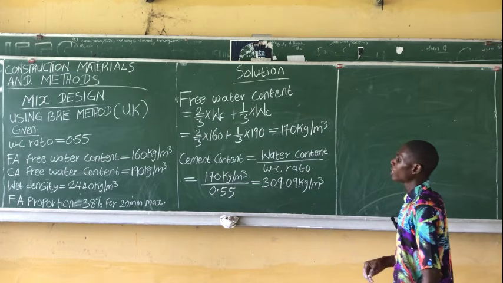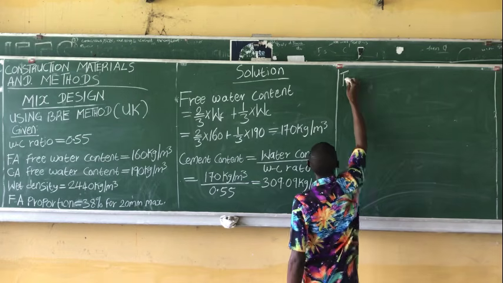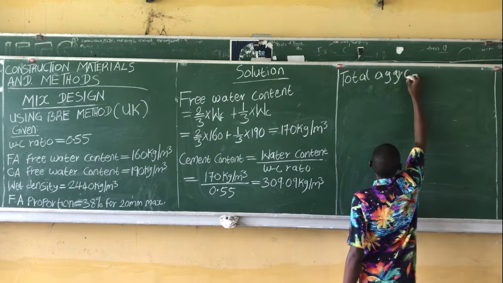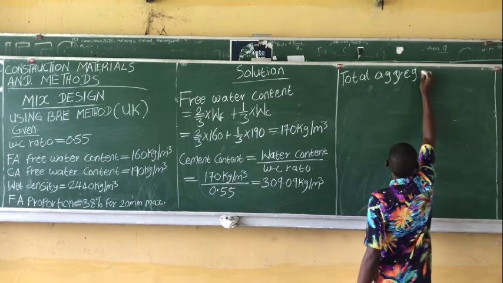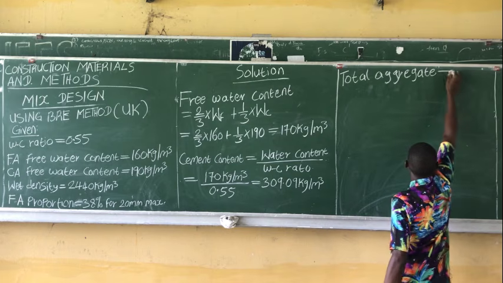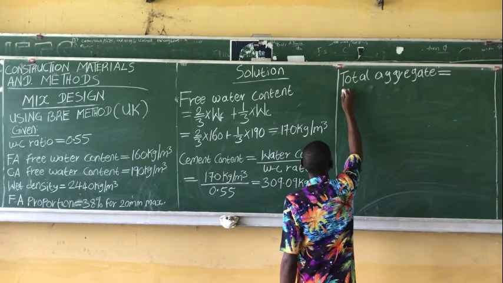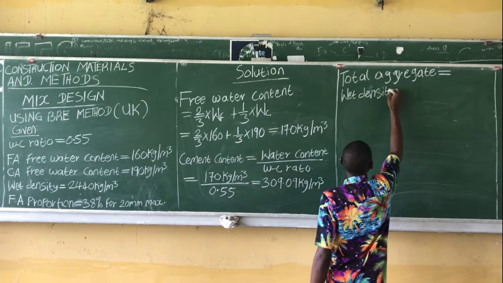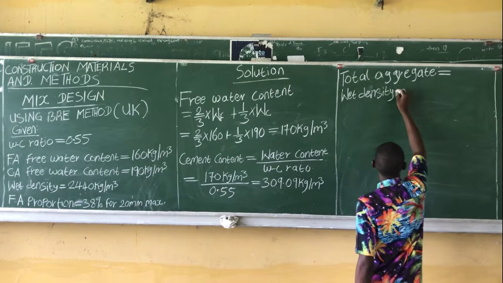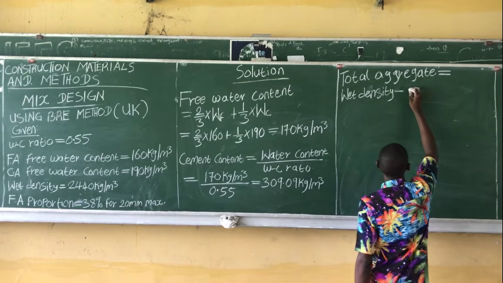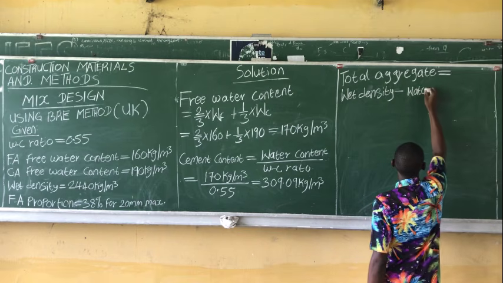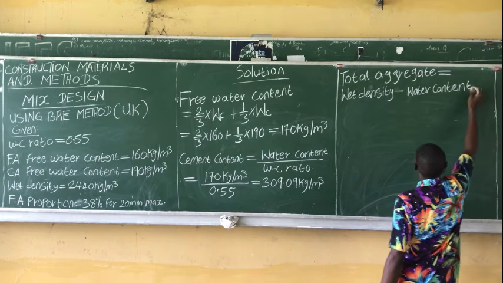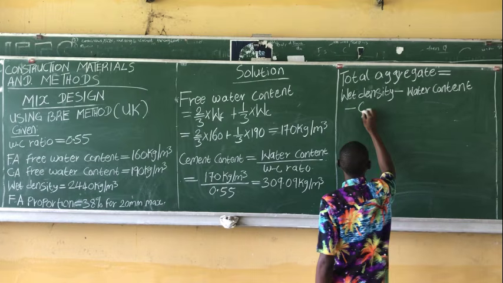Okay, so we have gotten our free water content, we have gotten our cement content. The next thing we determine is our total aggregate. Our total aggregate is equal to the wet density minus our water content minus cement content.